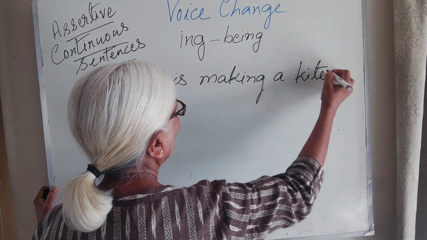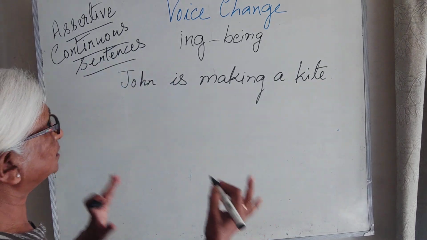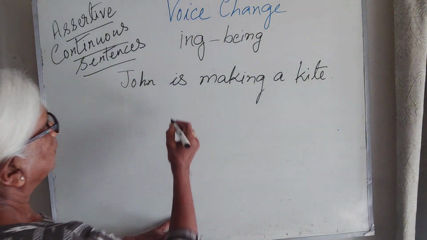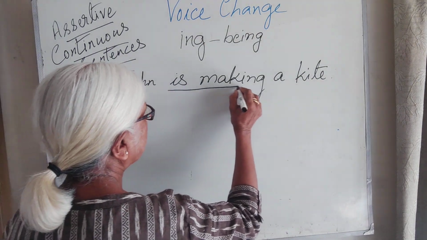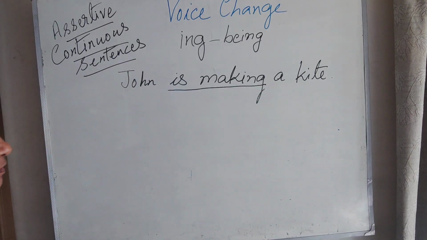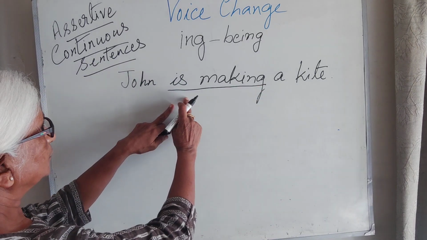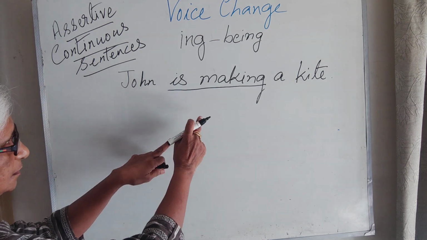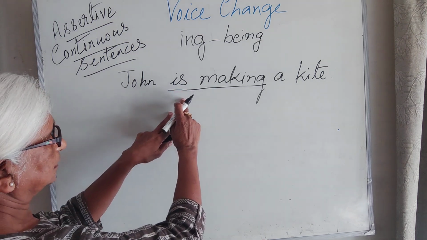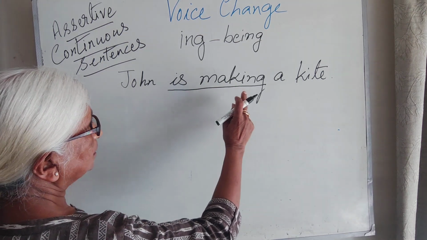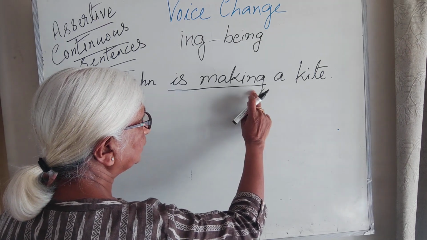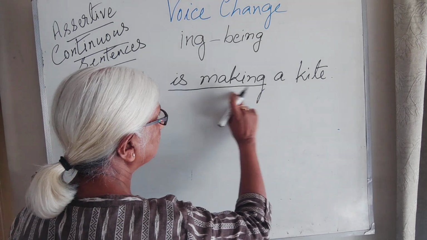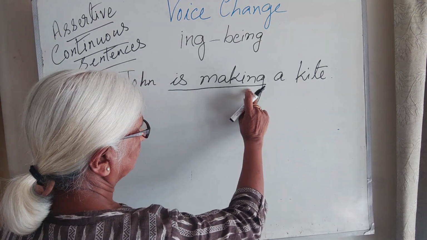That means John is making it just now. Okay? So, is making is the continuous form. Is comes because John is singular and the sentence is present. So, John is, and making is continuous. He is doing it now, just at this moment. So, it is continuous. Okay?